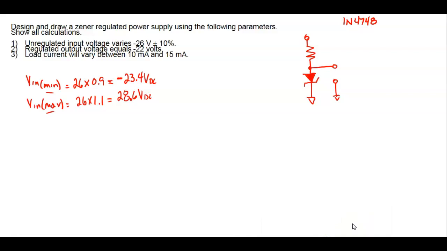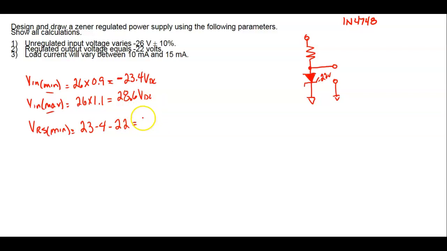So over here we need to calculate VRS, and we'll just keep it in the same thing. Minimum would be equal to, what's our Zener voltage? Okay. So I'm going to take 23.4 and subtract 22. And what does that give me for my minimum voltage across my resistor?